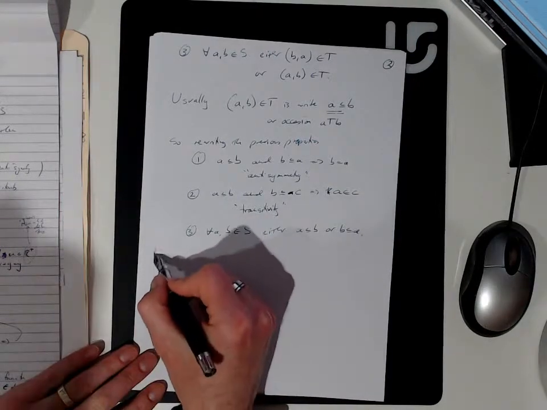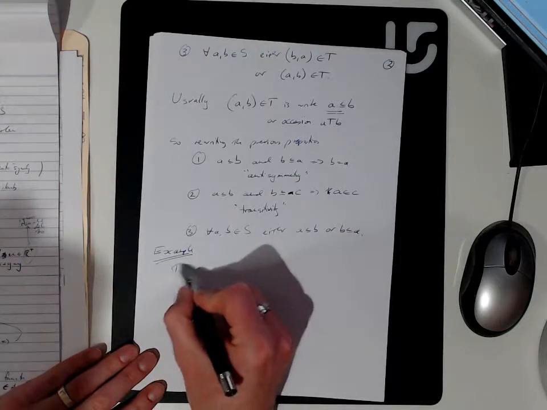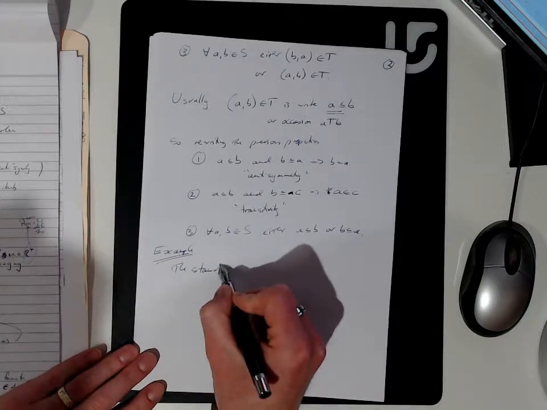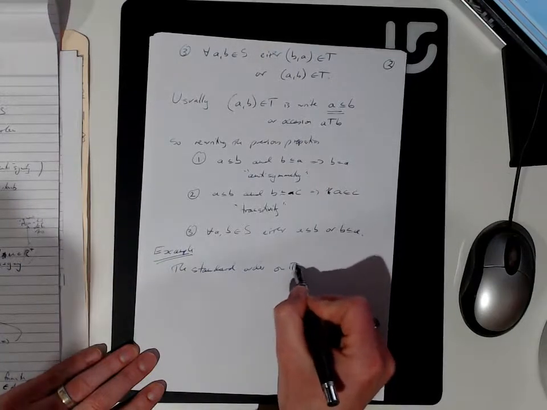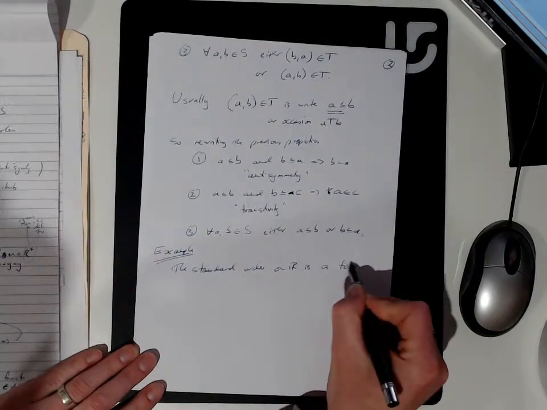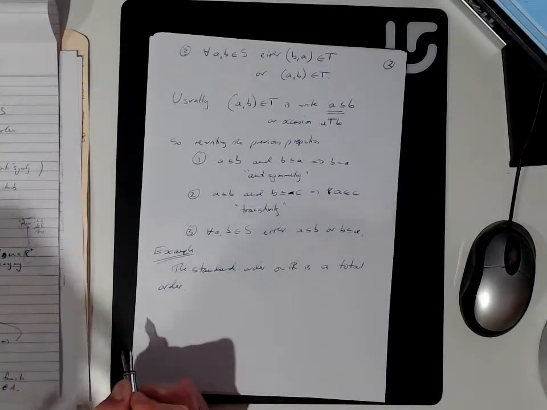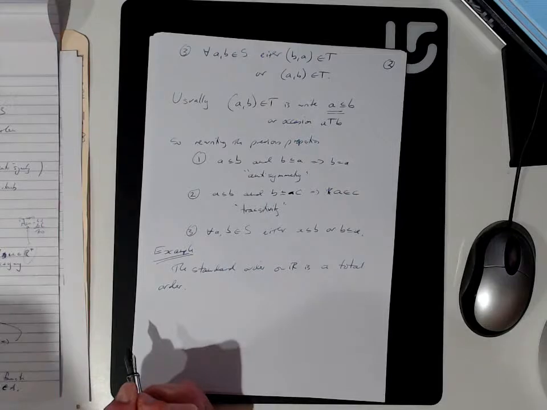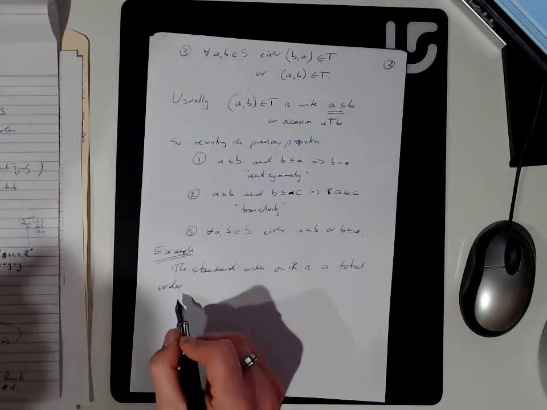Okay, so an example. The standard order on R is a total order. I'll leave that for you to go check. Maybe I should give you a definition of what the standard order is.